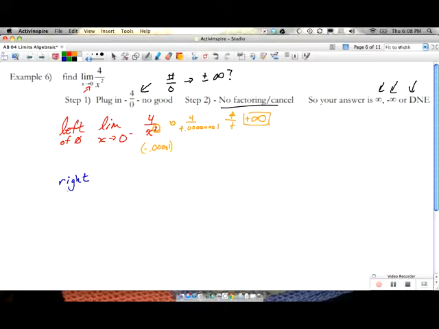If we're doing the right side of 0, we're doing pretty much the same thing except just not negative. So x is approaching 0 from the right side. This time we're not going to plug in negative 0.001. We're going to have 4 over x squared, and this is going to be probably positive 0.00001, whatever we got going on there.